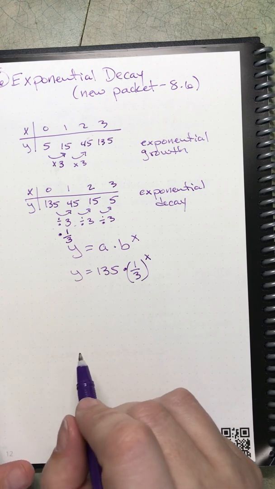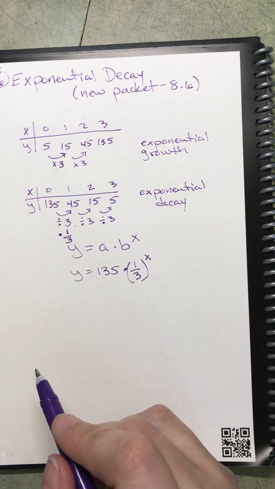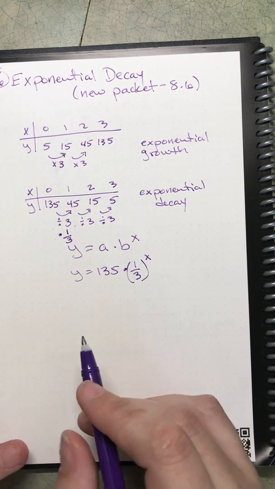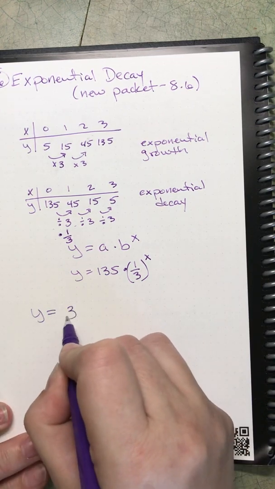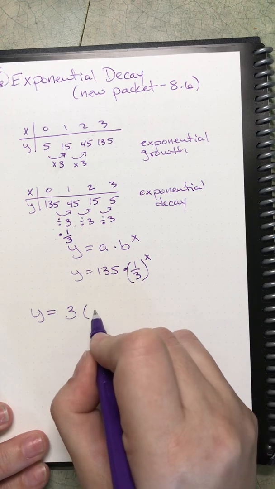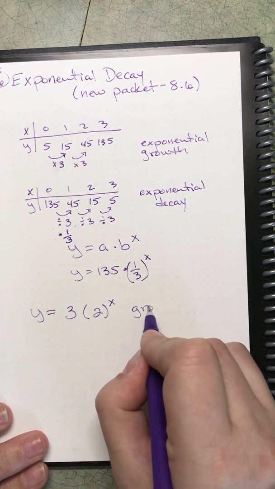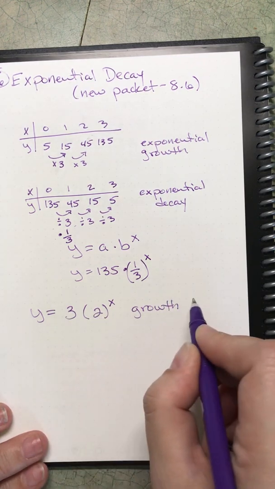One of the types of questions they'll often ask you on tests and standardized tests is, hey, tell if something is growth or decay. So if we have y equals 3 times 2 to the x, that's growth. Because when we multiply by 2, it's going to get bigger.